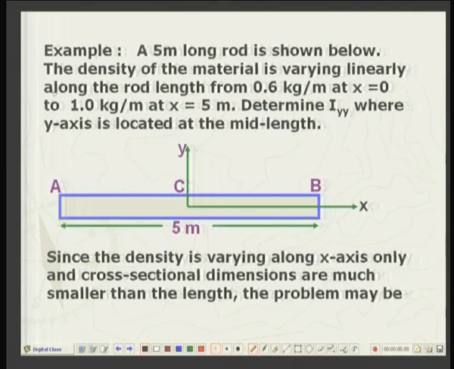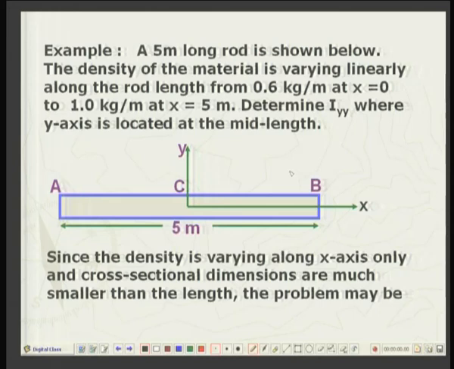There is only one variable, the x variable, although there is an area of cross section and mass, etc. We will say that this area of cross section is very small as compared to the length, that is, the lateral dimensions are small as compared to the length, and effectively the cross section is uniform, the density is uniform, so that rho can be at most a function of x.